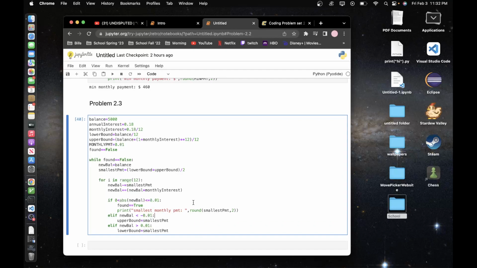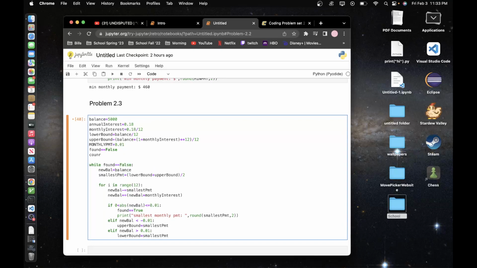Payments. Yeah, I'm not sure. I just want to test it out by adding a counter here.